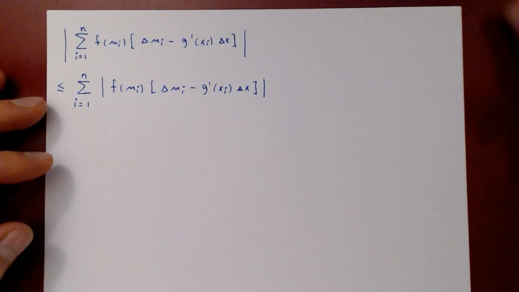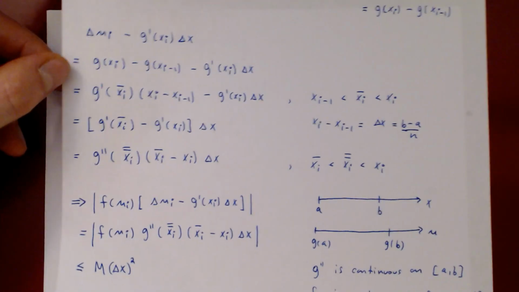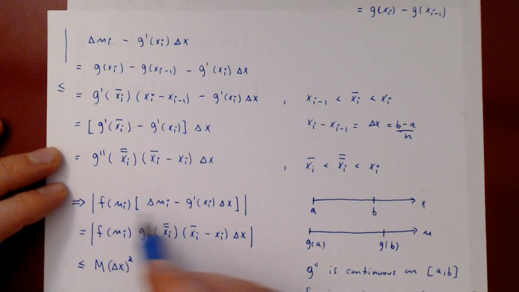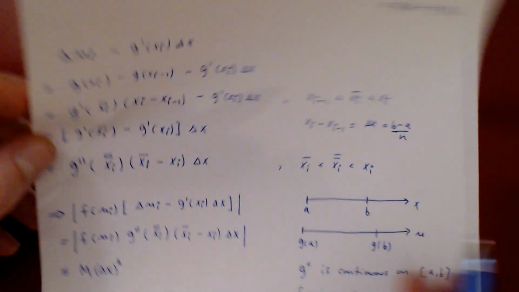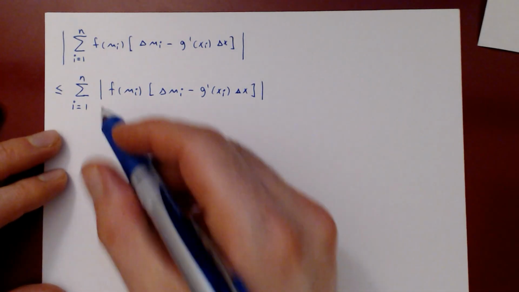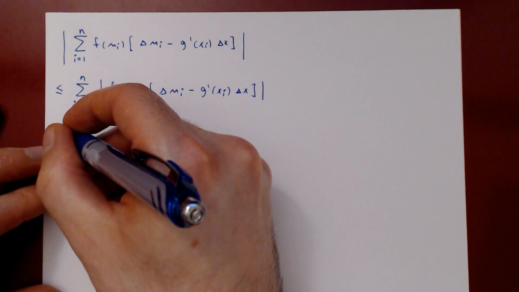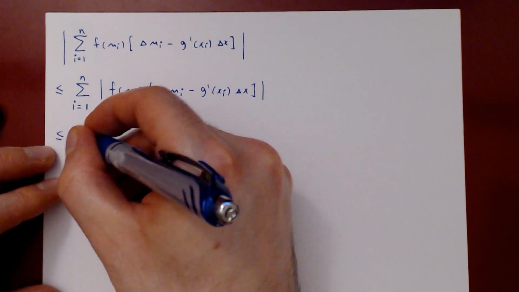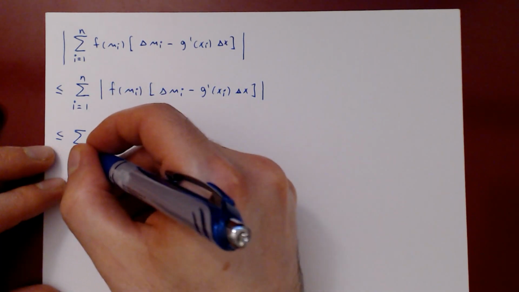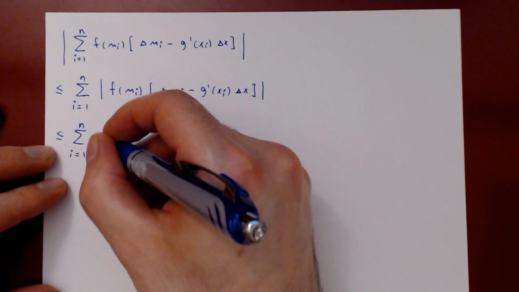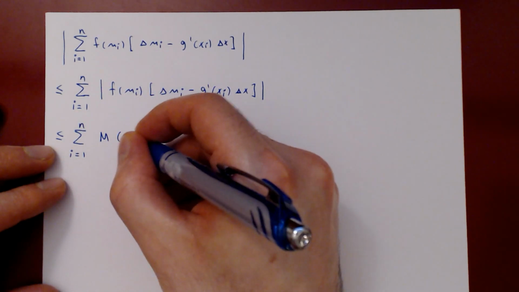But as we have just shown, the absolute value of our individual terms is at most a fixed constant times delta x squared. So each term here is at most m times delta x squared, so we can bound the sum above by summing the larger terms, which is m times delta x squared.